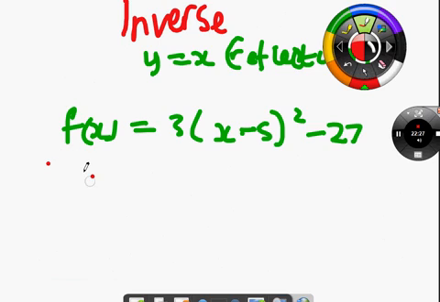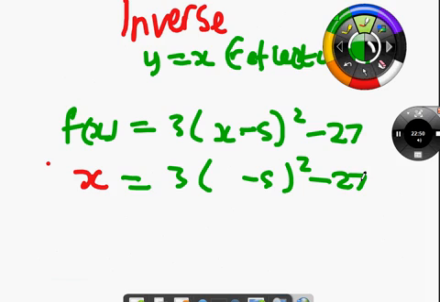The x goes where there is the f of x, which is the y, and the y goes where the x was, like that. That shows that I'm now trying to find the inverse.